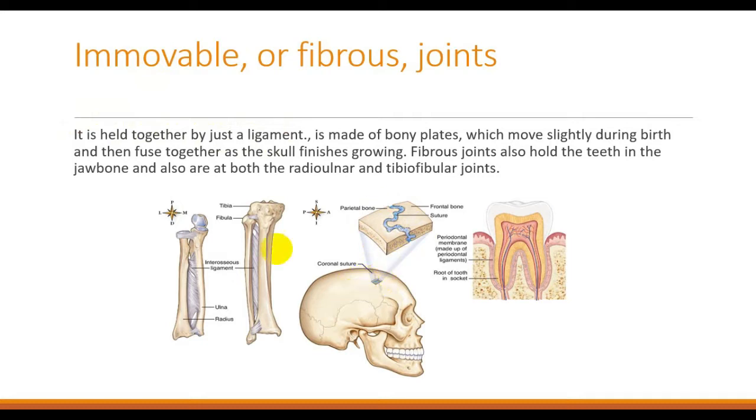For example, in our skull, after birth the skull is slightly movable, but once the skull finishes growing, it becomes immovable. We cannot move the bones of our skull. The joints connecting teeth with the jawbone are also a kind of immovable joint. Other examples of immovable joints are the radioulnar and tibiofibular joints that we have in our arm and foot.